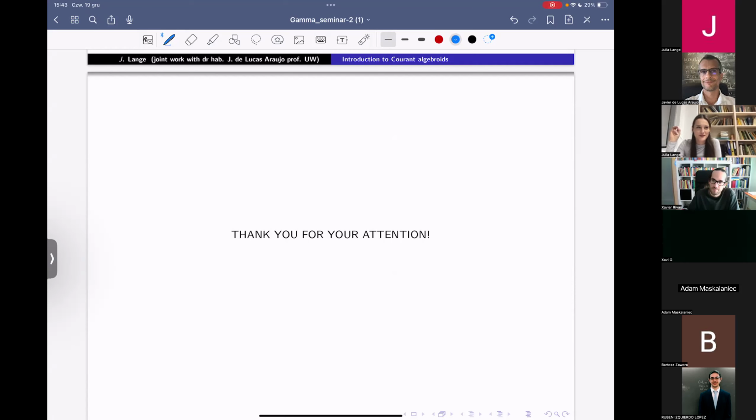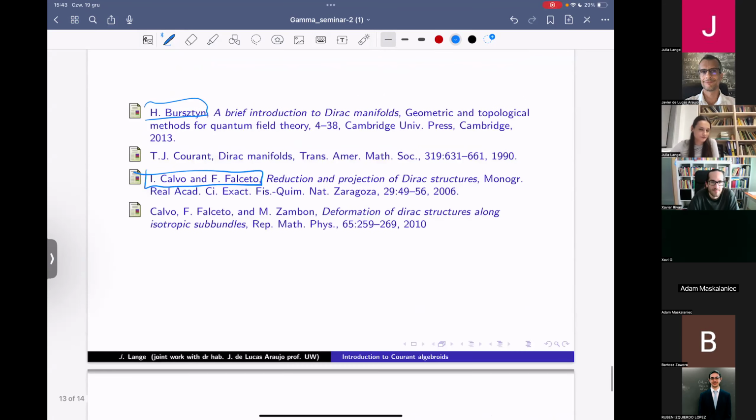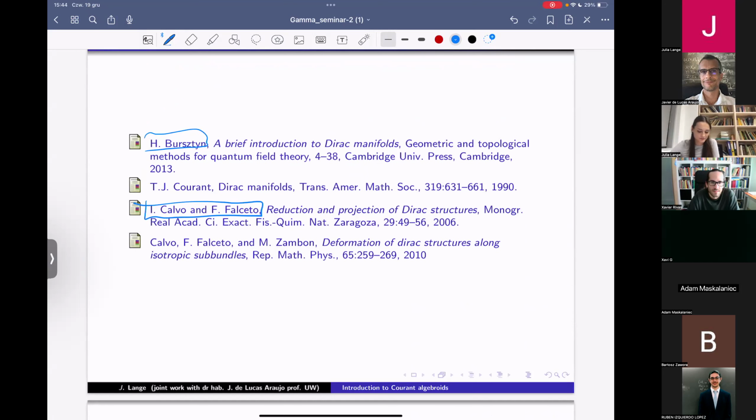I think that Adam has one, but he cannot turn on his microphone. But the last reference you were talking about, by Bursztyn, definitely suggests that it has some interesting applications in geometric and topological methods for quantum field theory.